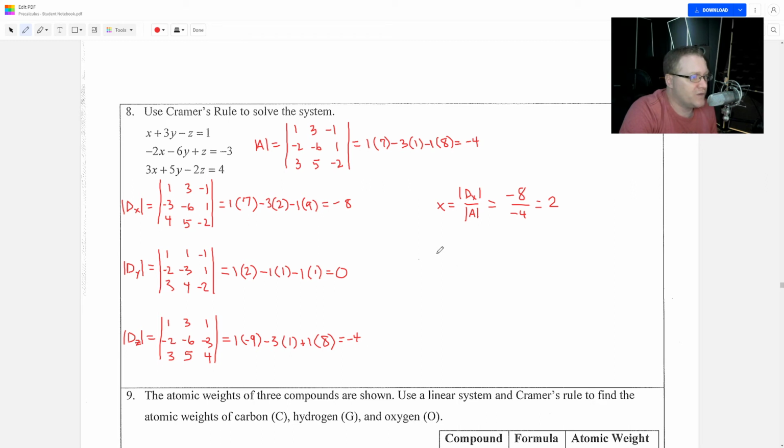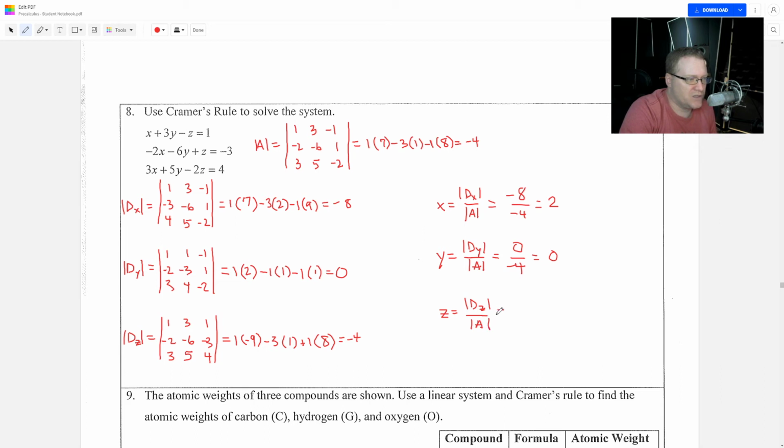And then y is going to be the determinant of dy over the determinant of a, that's 0 over negative 4, which is just 0. And then the last is z is going to equal the determinant of dz over the determinant of a.